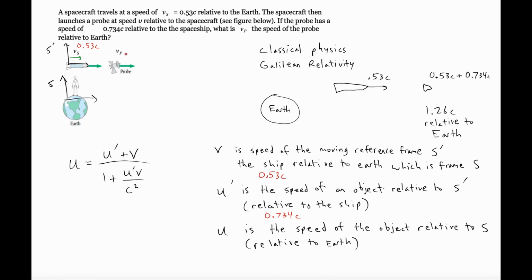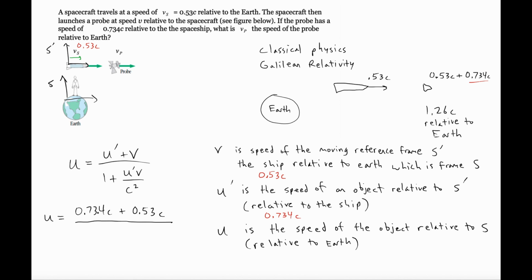That's the velocity of the probe here relative to the ship. And then we'll find u. All right, so we'll just get u equals 0.734 c plus 0.53 c, but we don't just stop there.